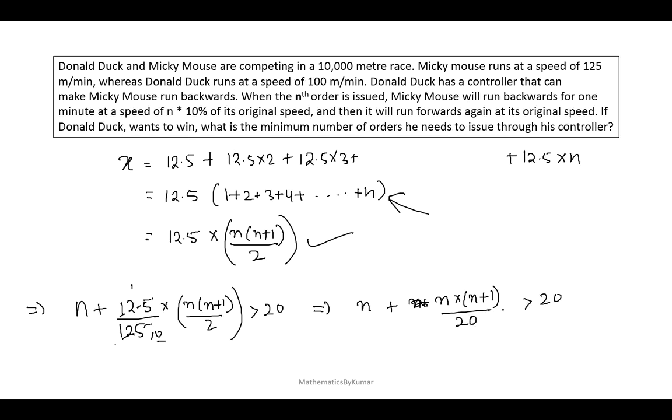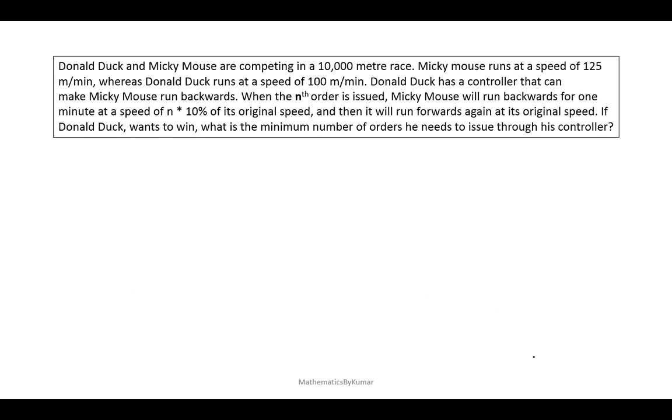All right, and let's simplify a little more. So I'll get 20n, if I make the denominator same, plus n square plus n over 20 has to be greater than 20. All right, I'll continue the simplification on the next page.